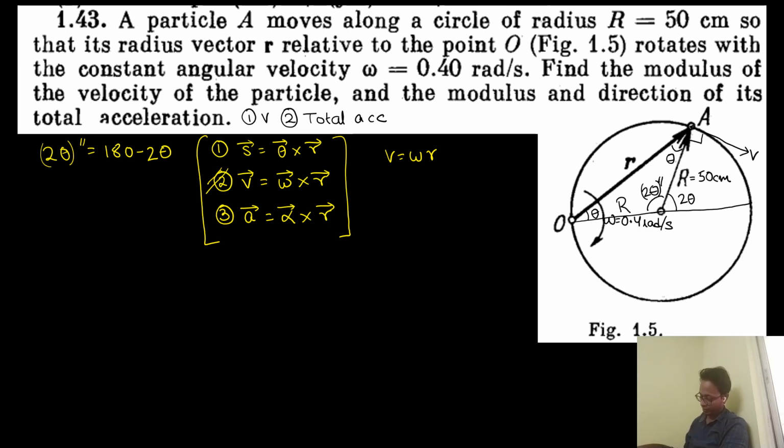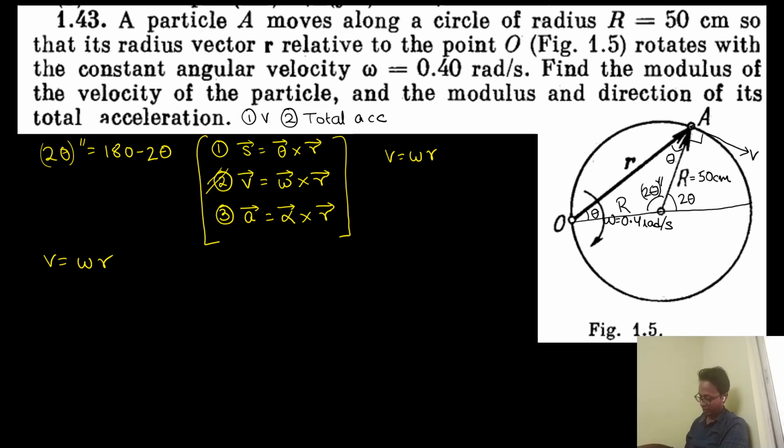So let's see this line. The velocity V is equal to omega into small r.